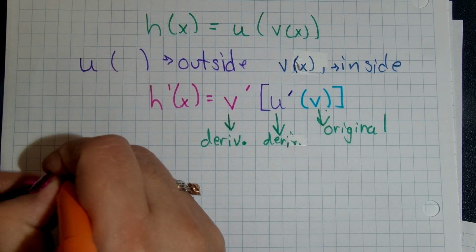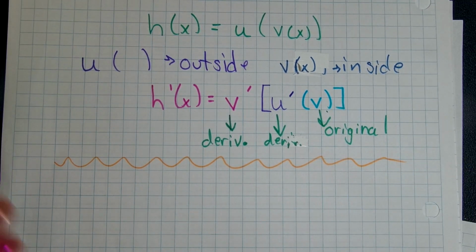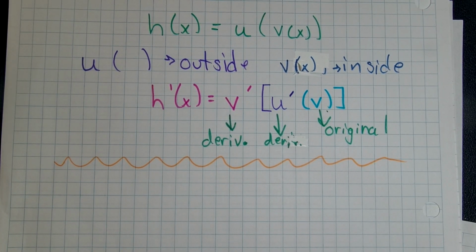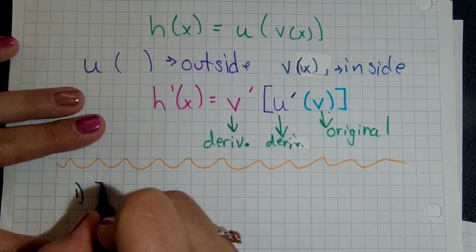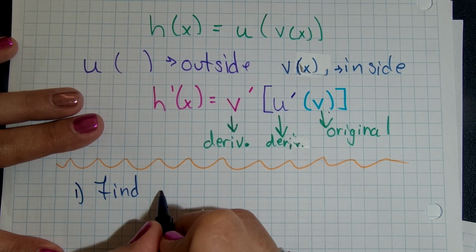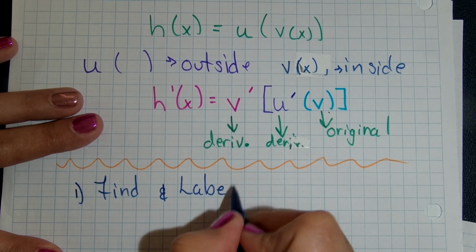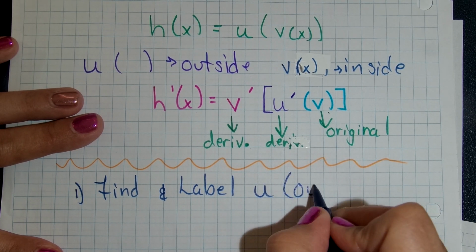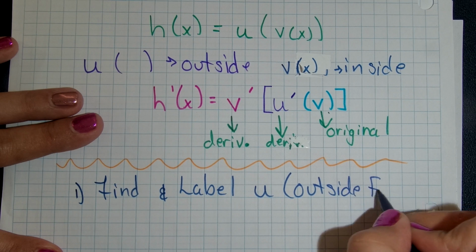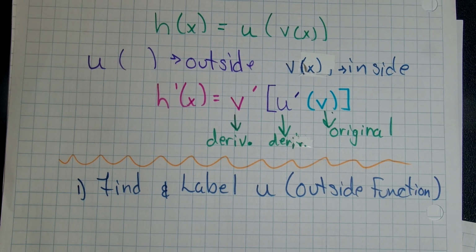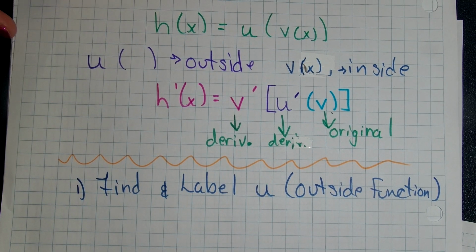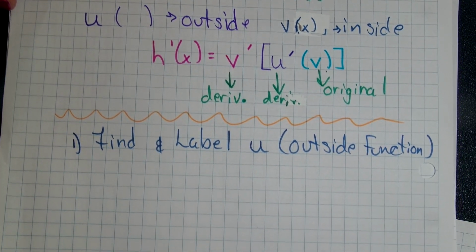For any rule from this point on, I'm going to give you steps on how to use the rule. So the first thing you're going to do is find and label u, which is our outside function. Can I move up, guys? Right there, good.